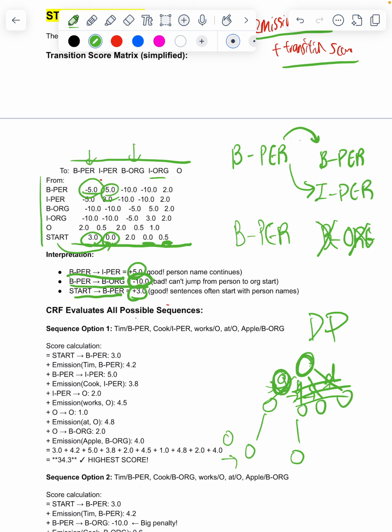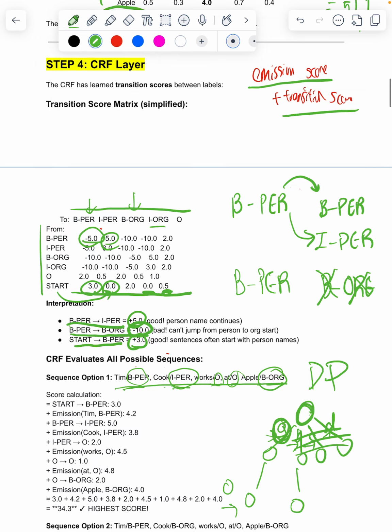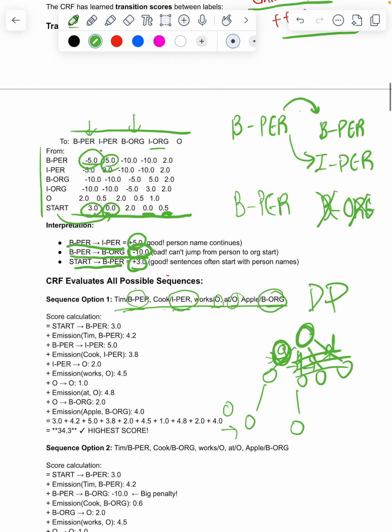For the sequence, this is one possible sequence: Tim Cook works at Apple, B-PER, I-PER, O, B-ORG. These are the possible tag sequences associated with these words, and it calculates the emission score and the transition score at each step. You would start, and because this is labeled B-PER, you would have start to B-PER, so 3, right?